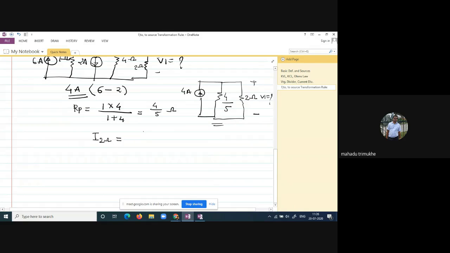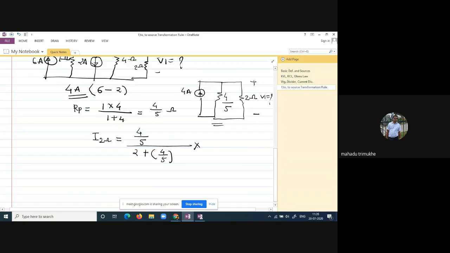We have to find out the current flowing through the 2 ohm resistor. How do we find it? The opposite resistor we have taken. The opposite resistor is 4 by 5, divided by the sum of resistors, that is 2 plus 4 by 5, multiplied by the current coming at the junction.